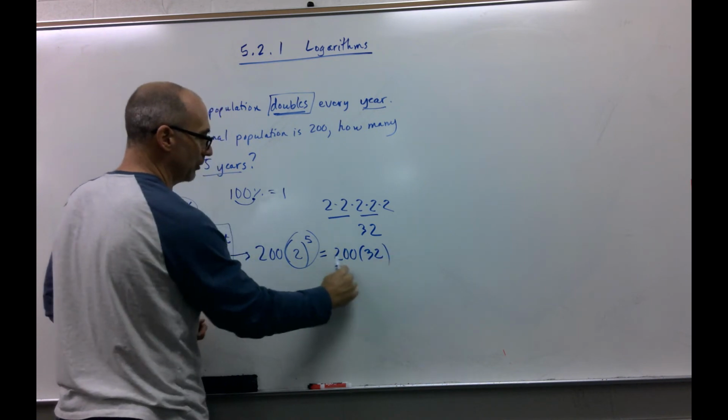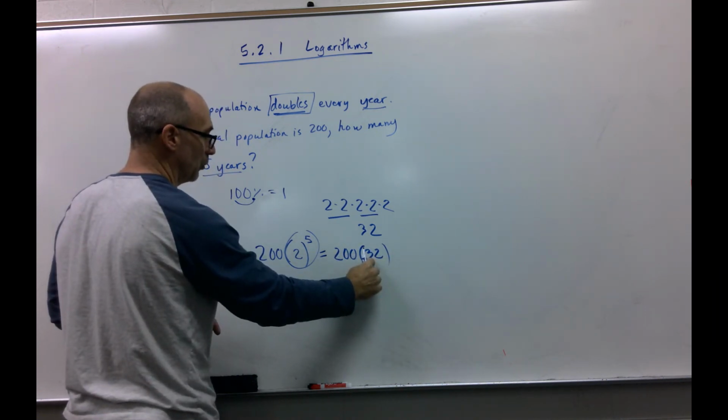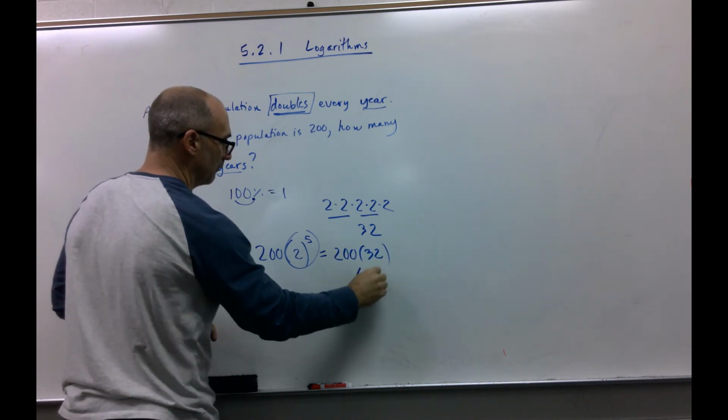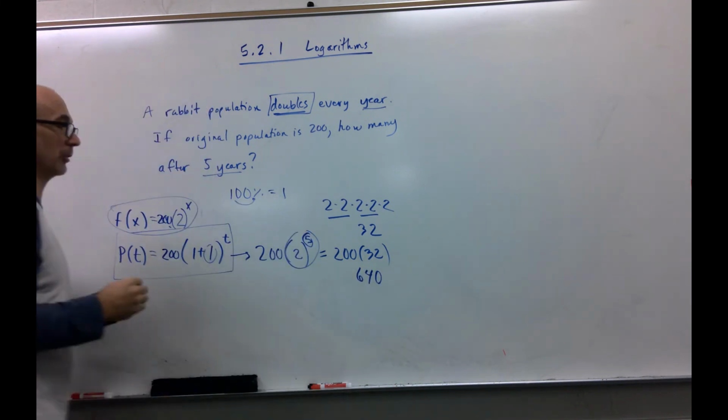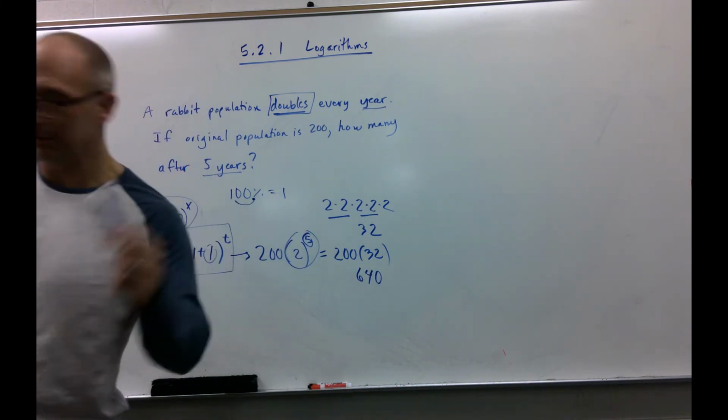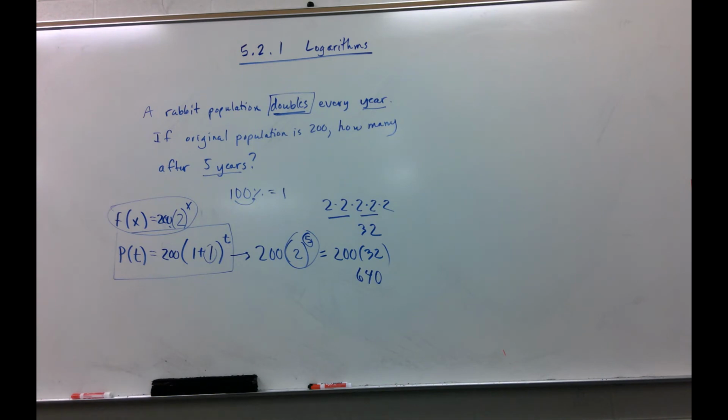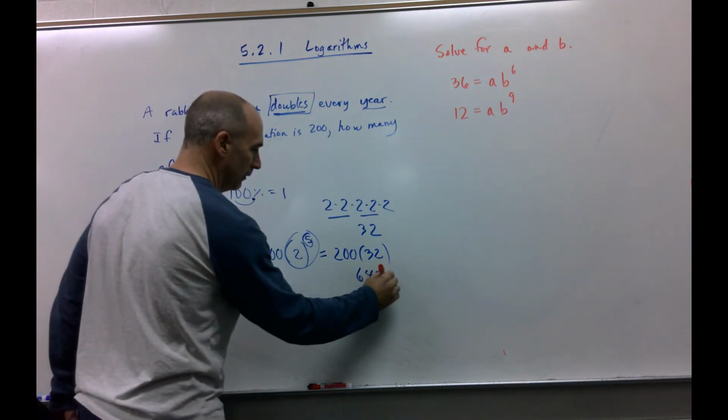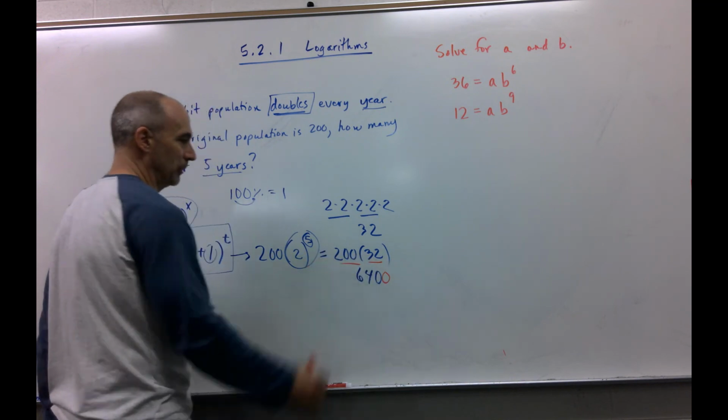Well, 100 times 32 is 3,200, so that'd be 6,400 after 5 years. Okay, that's how you're going to use that formula right there. I caught myself in a mistake: it's not 640, it's 6,400. Silly multiplication error.